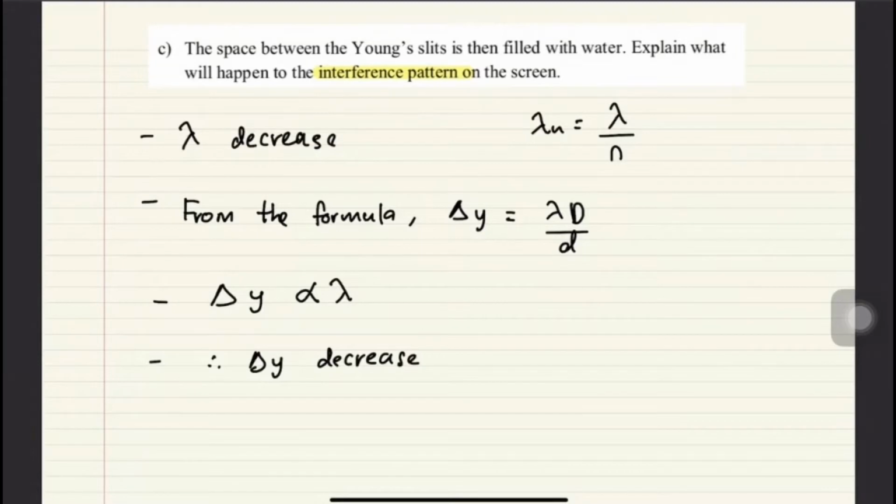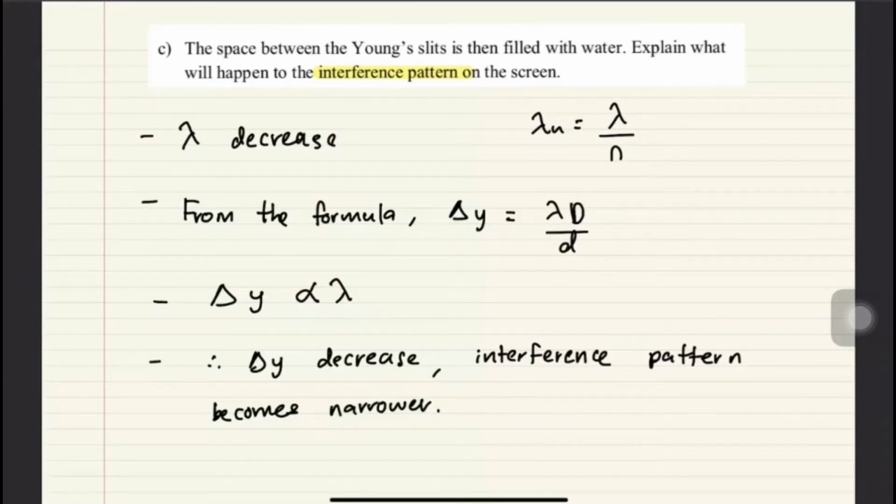If delta y decreases, what it means is that the pattern becomes narrower. You know that delta y is the measurement of the distance between consecutive bright or dark fringes, right? So if the distance becomes smaller, the pattern will be narrower.